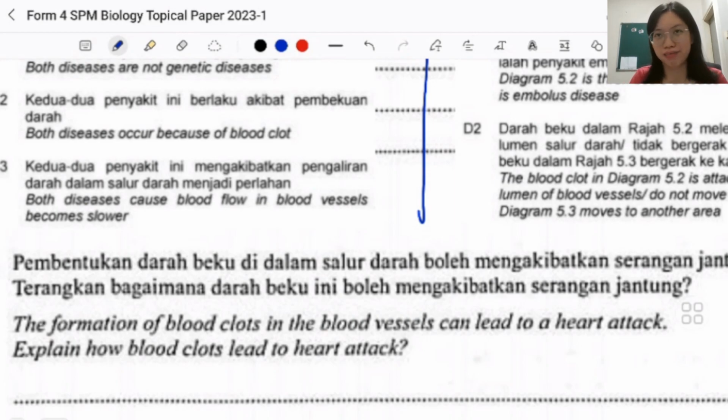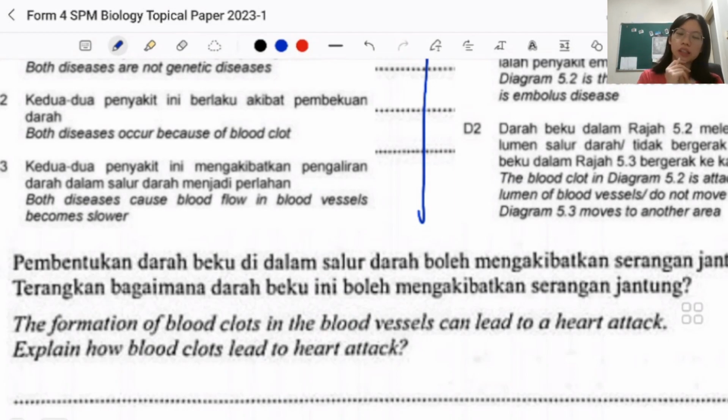Like the whole process I mentioned just now, when there's a blood clot in your coronary artery, the blood supply stops. What is the effect of it? You cannot transport the oxygenated blood to your cardiac muscle cell, right?